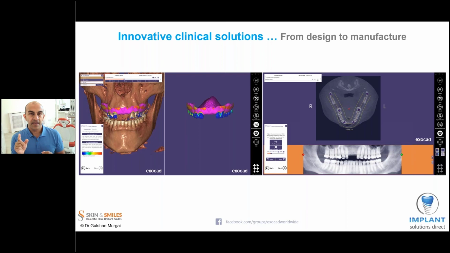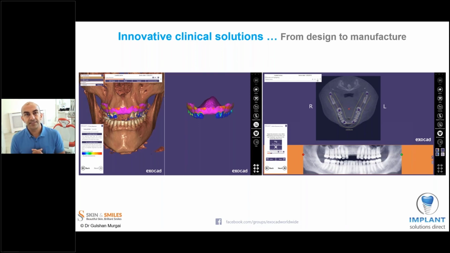If you can get that level of correlation, which is shown graphically with the colors on the screen, the blue meaning absolutely minimal deviation between the two sets of data, then you know that you can rely on this software package and what it produces as being highly accurate. And really, it's all about safety for your patient, because that's what we're here for. We're actually here to provide innovative clinical solutions for our patients. So that image is showing the level of accuracy of correlation.